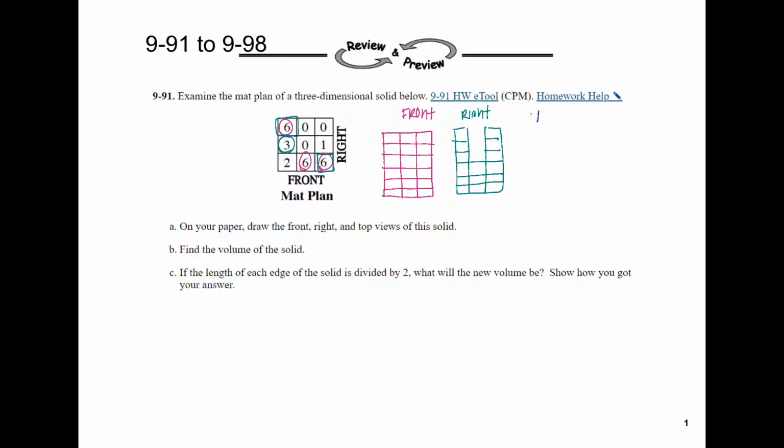And then my top view, I have nothing here. So my top view will be 3, 1, and then 2.